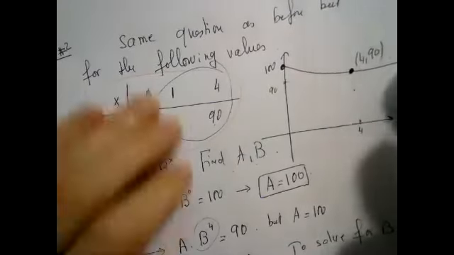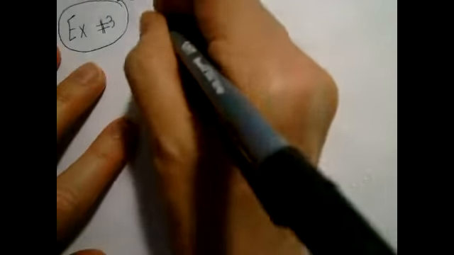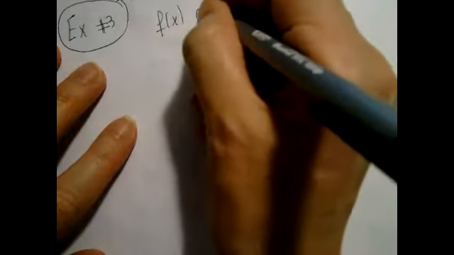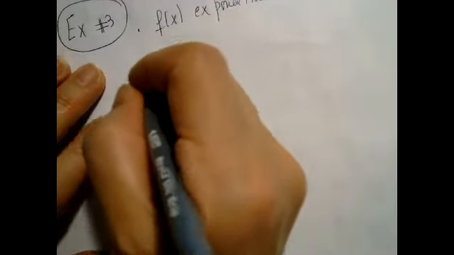So example number 3 will actually be this type of problem. It's the same thing. I need a formula for my exponential function. So example number 3: find a formula. The same question as before, f of x exponential, and we have the following data.